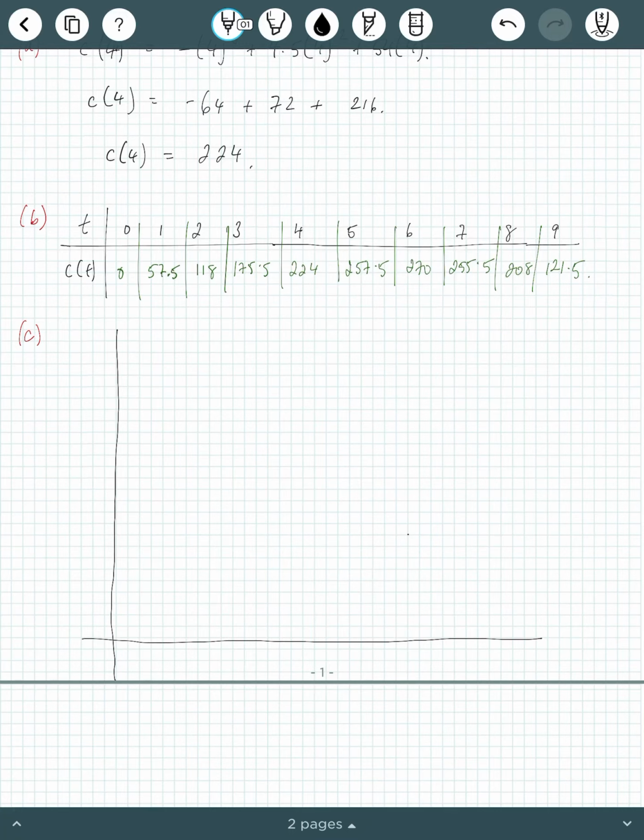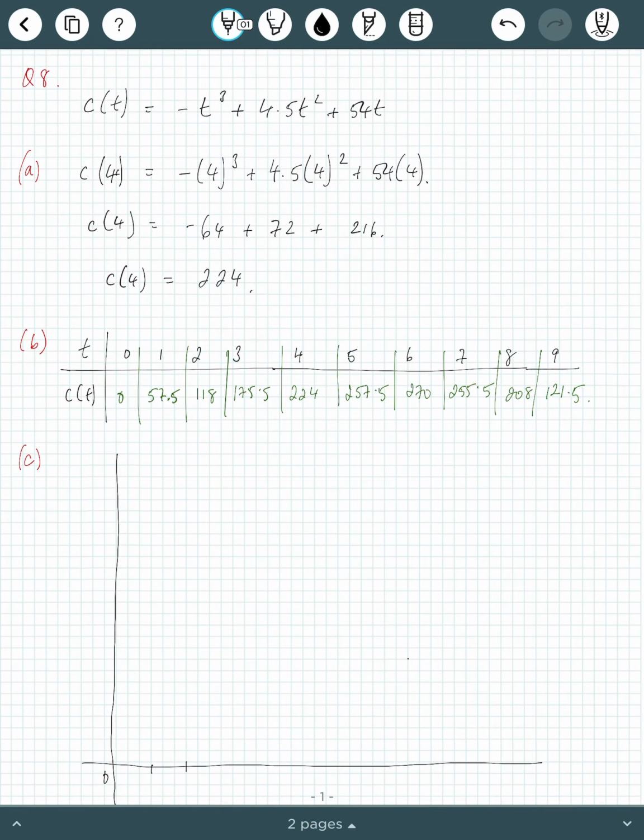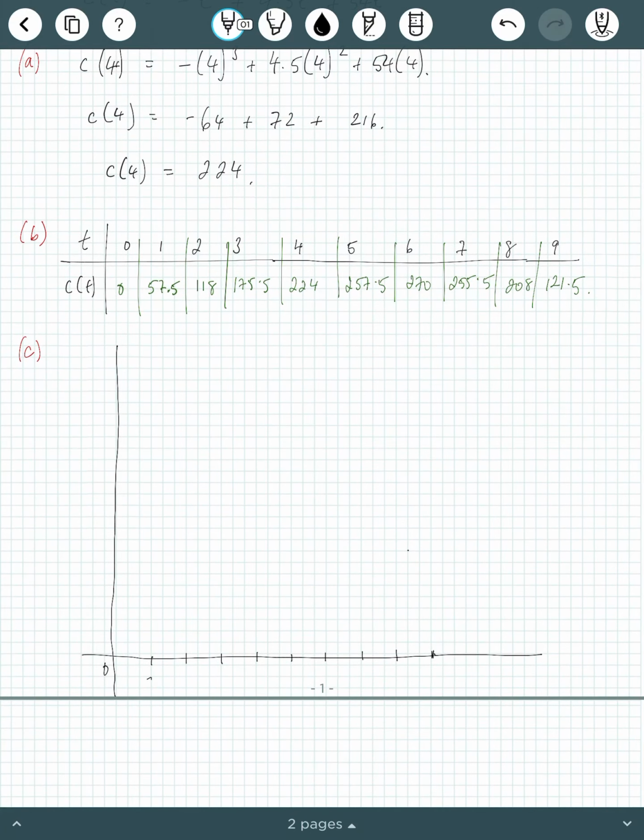We're going across here as far as 10 or 9. So 0, we go with 3 squares, 1, 2, 3, 4, 5, 6, 7, 8, and 9. We'll number those.